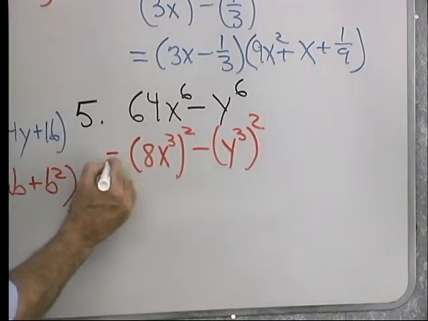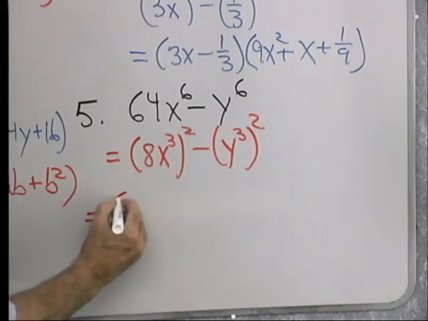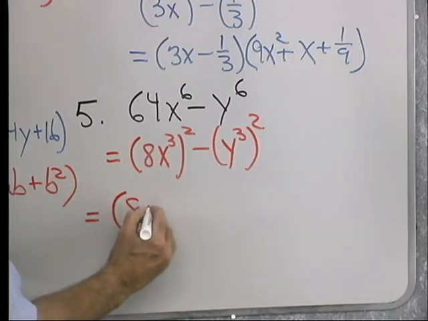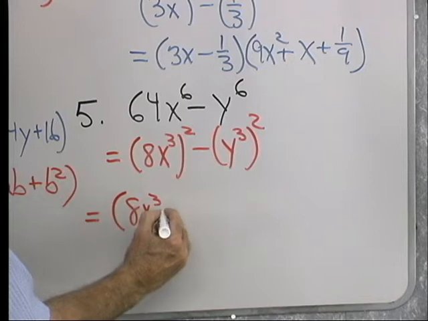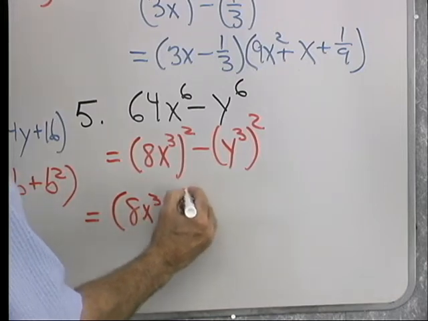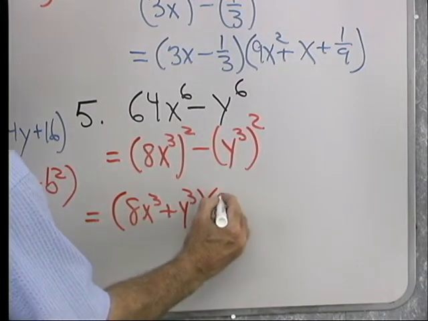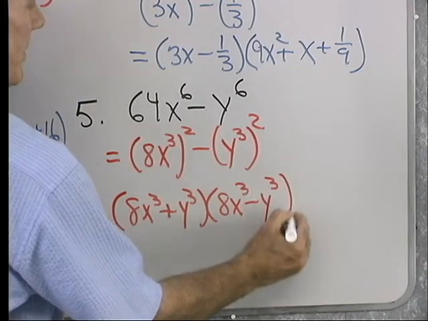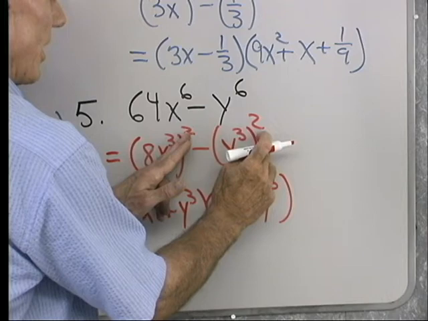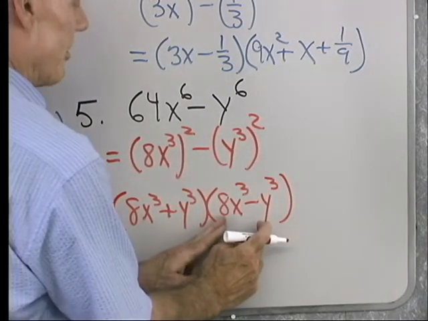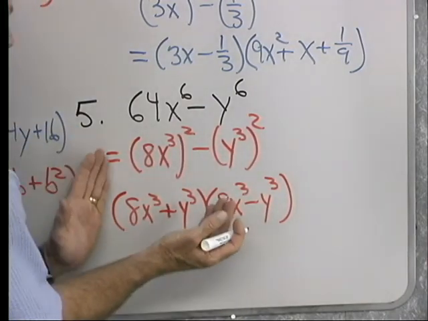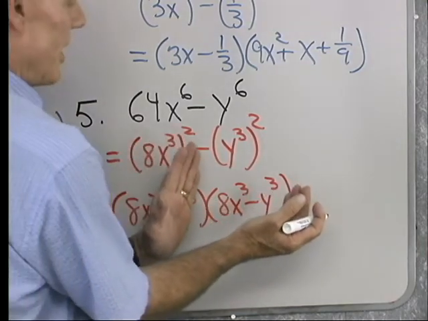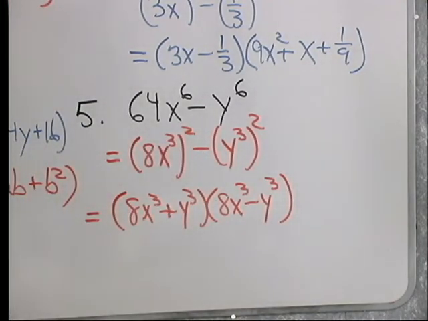So I know when I have the difference of two squares, they always factor into the sum, 8x cubed plus y cubed, times the difference, 8x cubed minus y cubed. So difference of two squares, their sum times their difference. Now I look at them and I say, oh, that looks like the sum of two cubes, and that looks like the difference of two cubes.